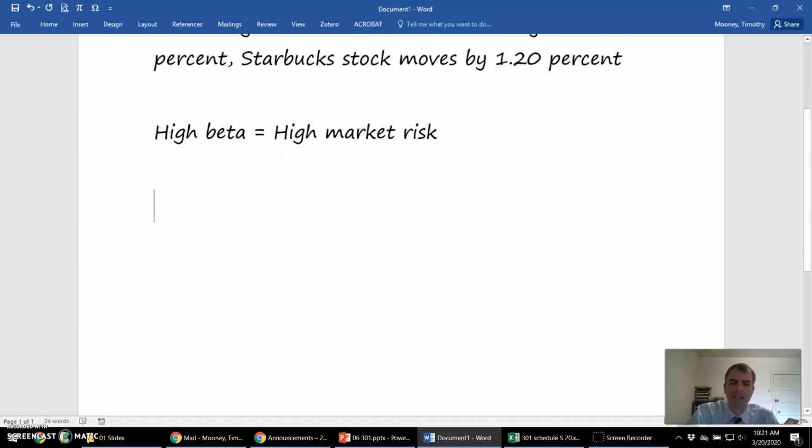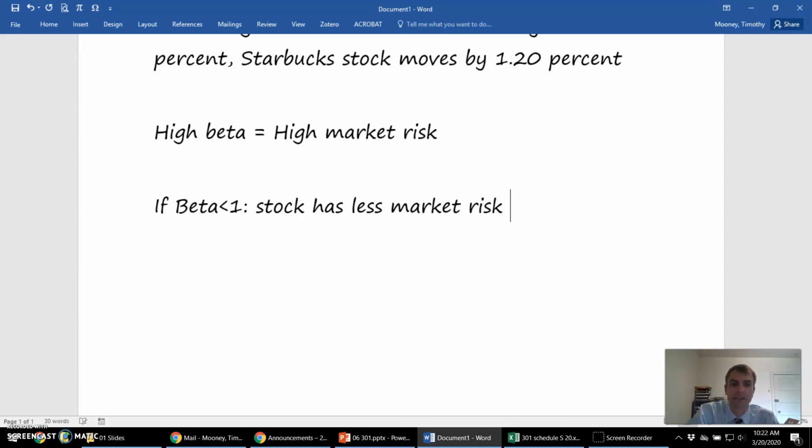Okay. And actually, some good things to keep in mind, right? If beta is less than 1, a stock has less market risk than the overall market. These would be good things to write down.